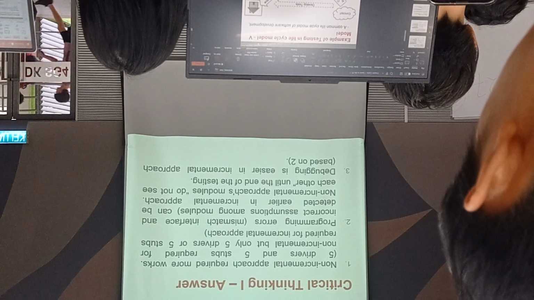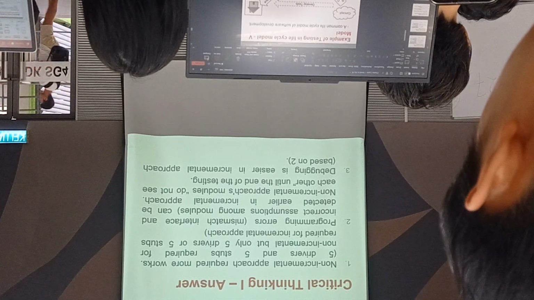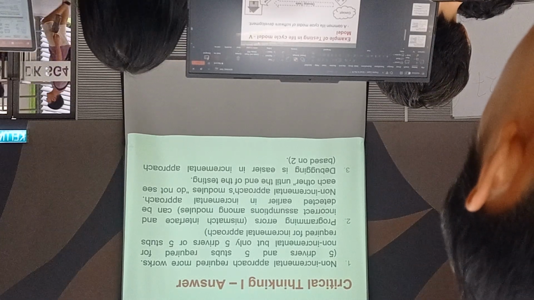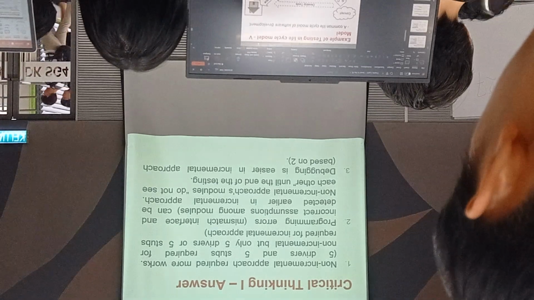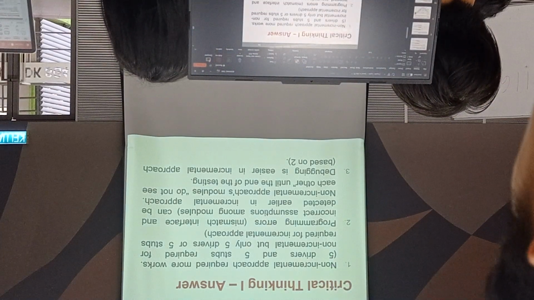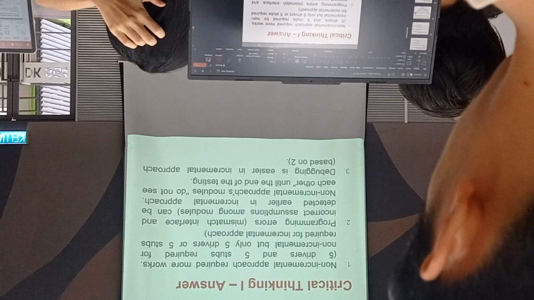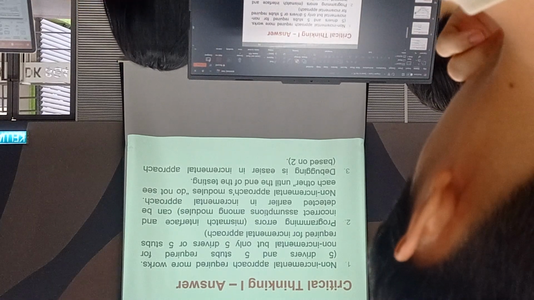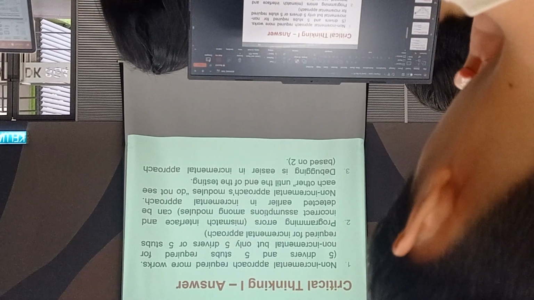So which one is better, detecting the programming errors earlier or later? Of course, earlier. So the incremental approach gives us the advantage here. So 2-0. Correct?